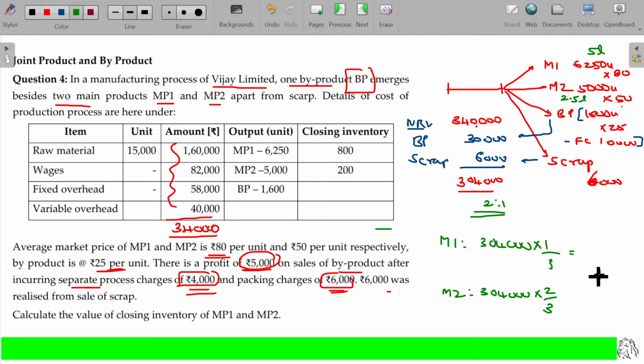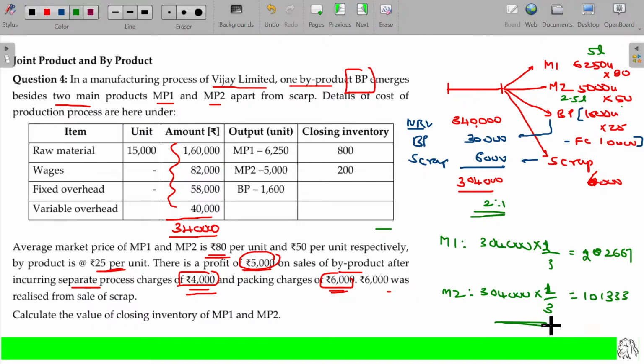Now this value be, this one is 2, this one is 1. Okay. 1 lakh 1,333, 2 lakhs 2,667. This you might have studied at your costing level itself, right? But based on the sale value of M1 and M2, we can distribute the common costs.